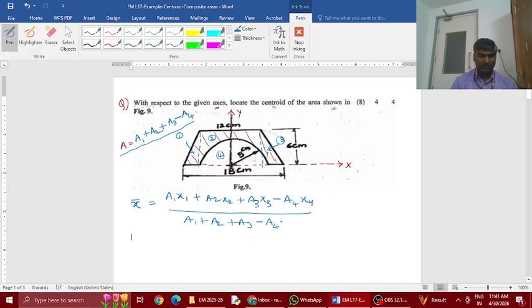So this is the formula. As you see, the area 4 is being deducted here, so the negative sign you shall not forget.